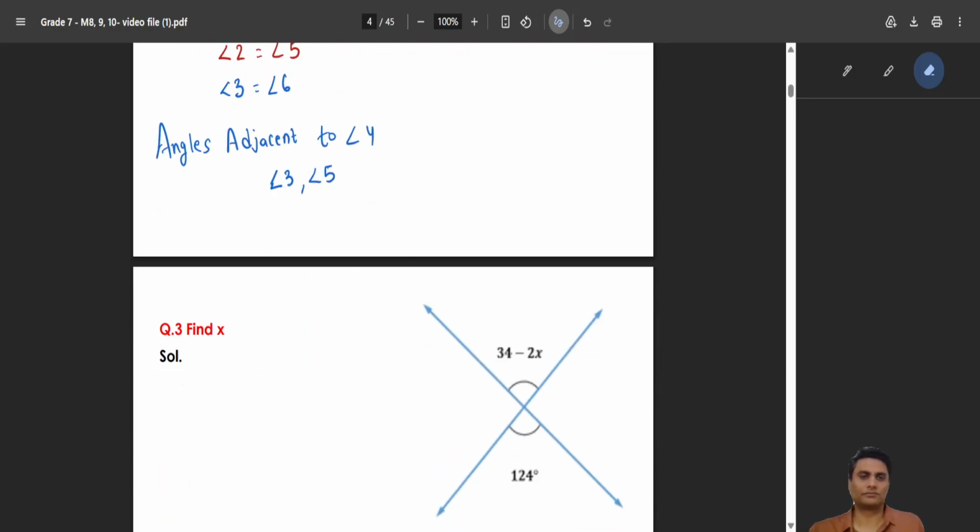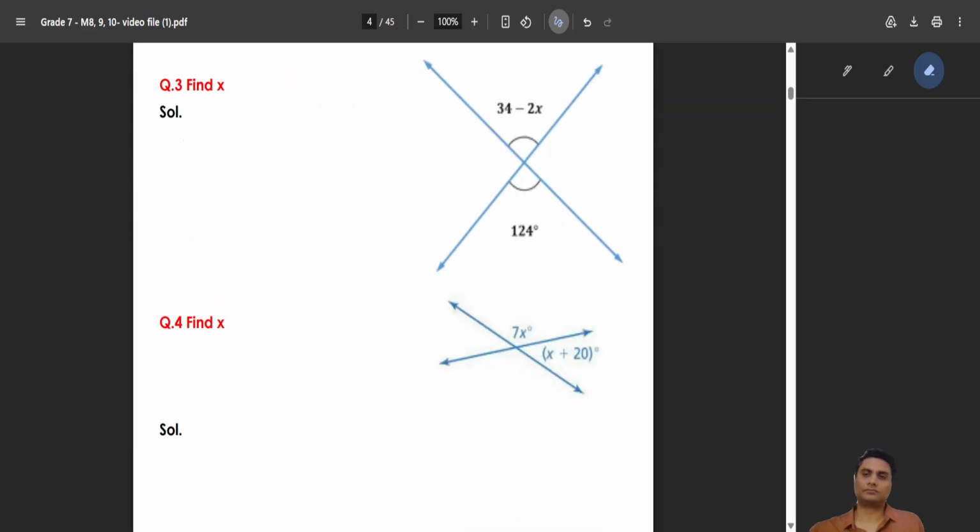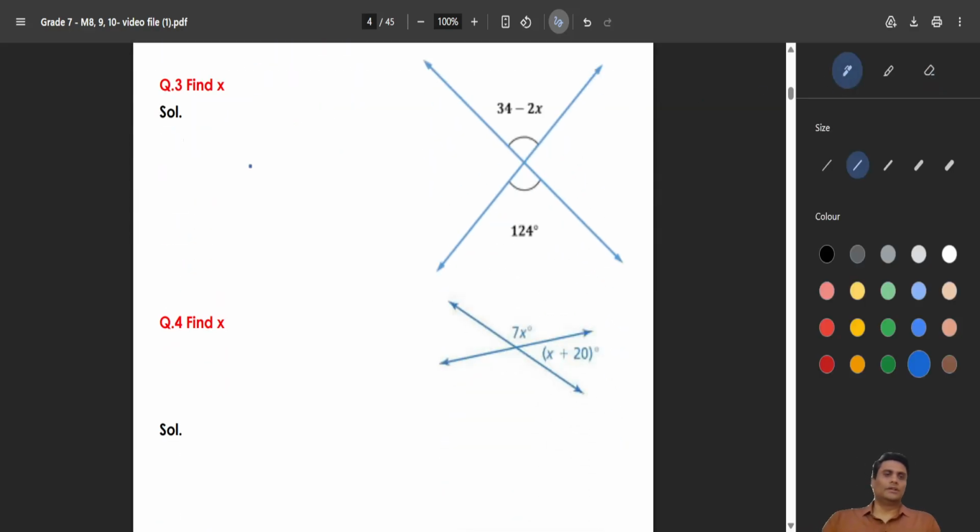Next. Now, this is an interesting question. Look carefully. He said find x. In this picture, can I see x? Yes. Here I see my x. I have to find it. So let us use our brain and think how can we do it.